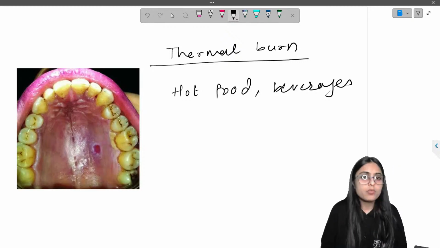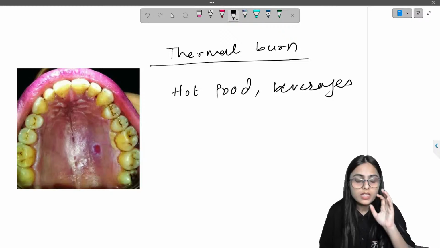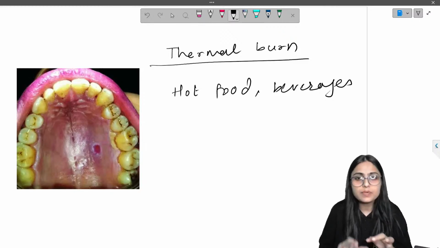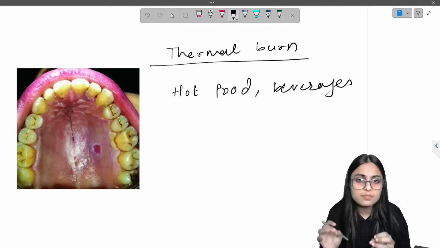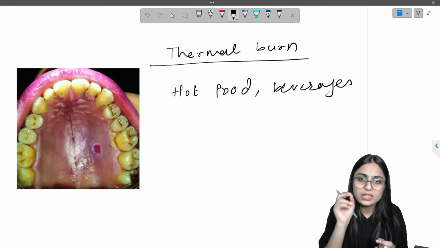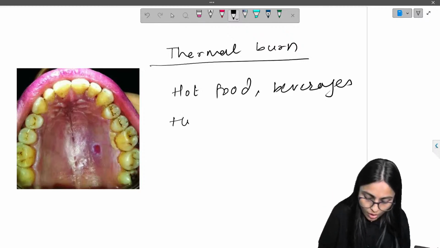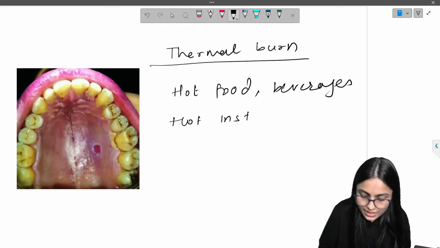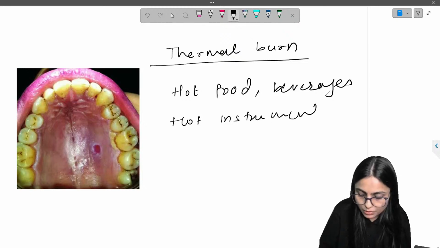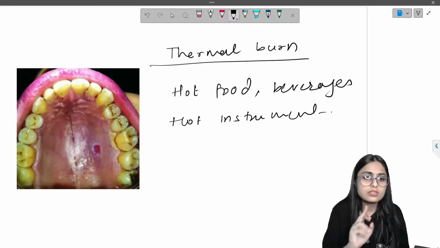Also, when you do root canal procedures, now that we have advanced technologies, but still some clinics are using the hot burnisher for condensing the GP, gutta percha. Accidentally, during the procedure, the hot instrument touches the mucosa, so it can also cause a thermal burn.